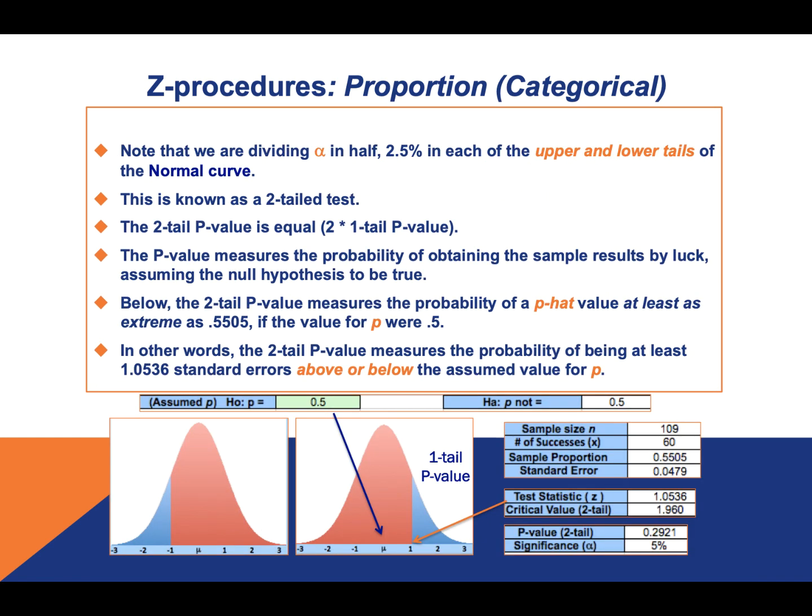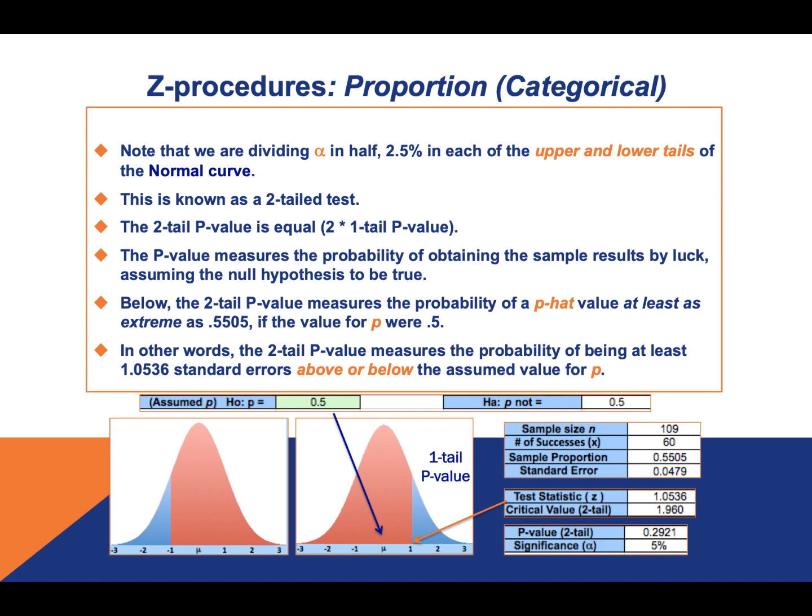Note that we are dividing alpha in half with 2.5% in each of the upper and lower tails. This is known as a two-tailed test. To calculate our two-tailed p-value, we would take our one-tailed p-value and simply double it. Here we could see the p-value is about 29%.